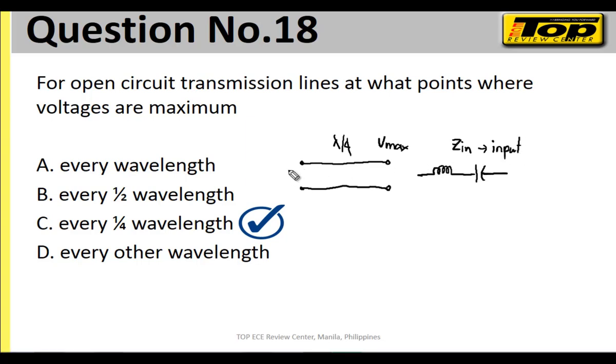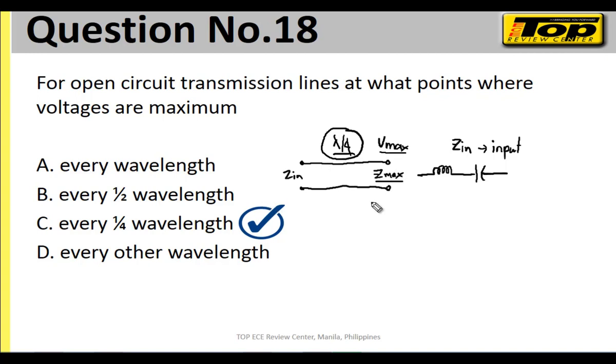This will give us a minimum input impedance. And quarter wavelength away from that will give us maximum impedance at the output. So therefore, yung voltage natin, since ang impedance natin is maximum at the end, at open circuit transmission line, this will give us also maximum voltage. Okay? At nangyayari yon every quarter wavelength, not every half.